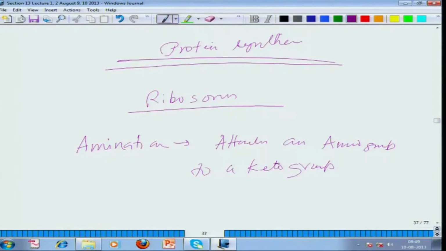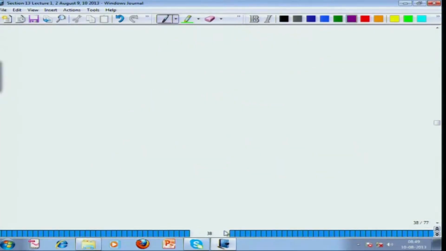If I had to give you an overall outline of this whole process, it is something like this: carbs, proteins, lipids. Then you have the triglyceride, and the glycogen to glucose.